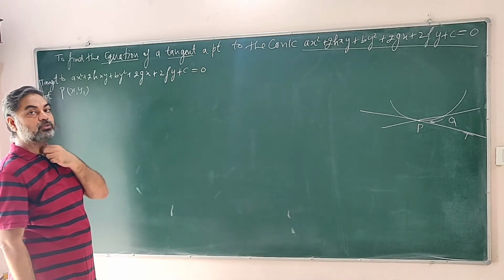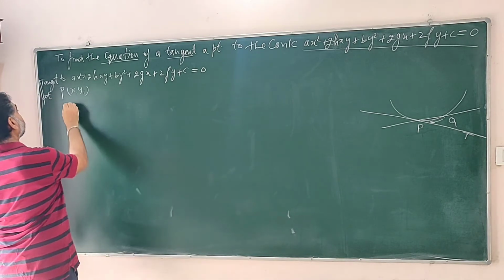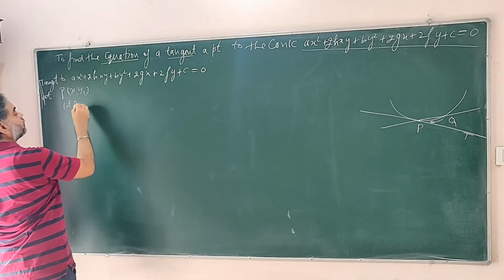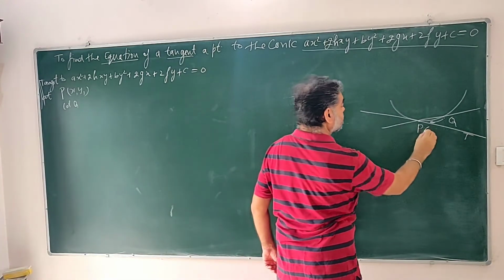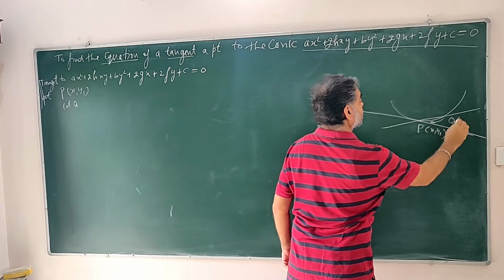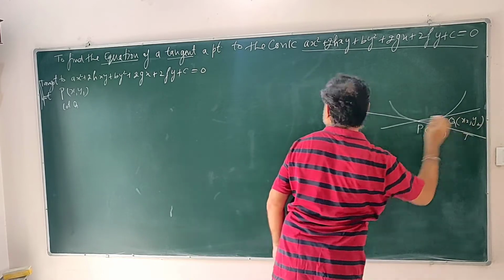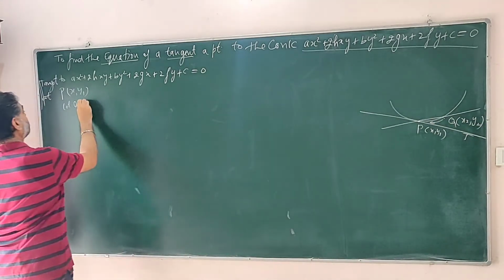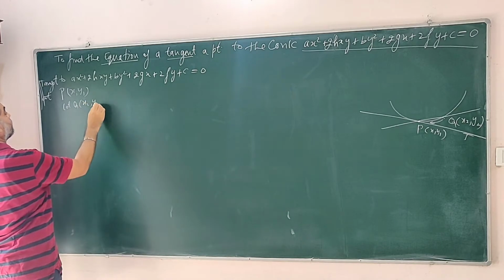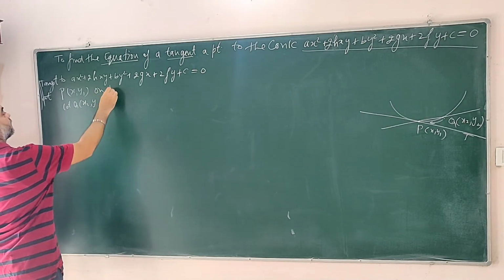Alright, so let P be this point x1 y1 and Q be a neighboring point. Let Q be x2 y2 on the conic.